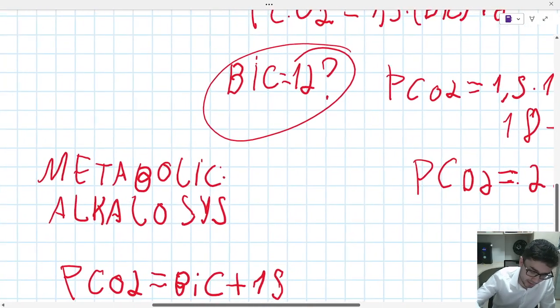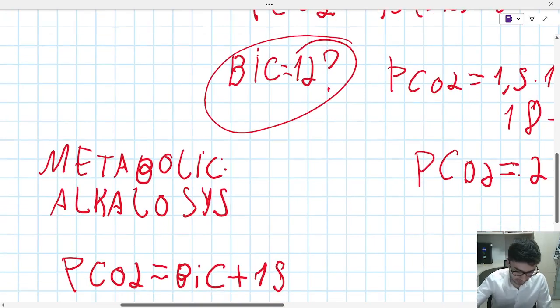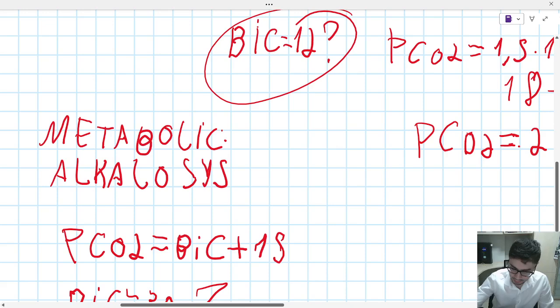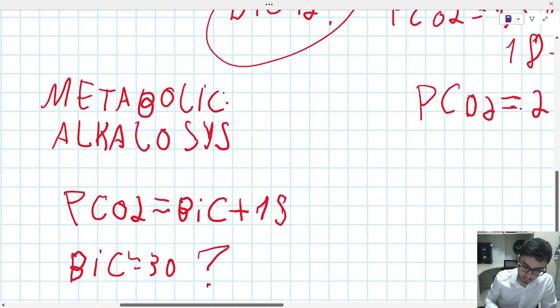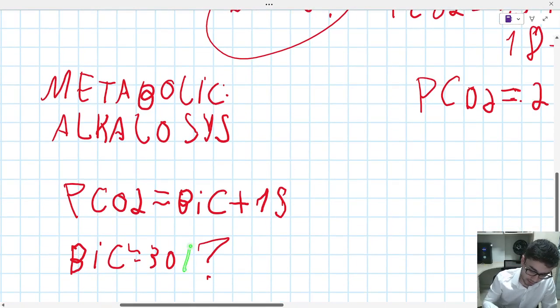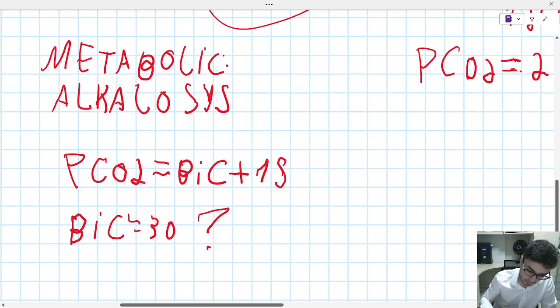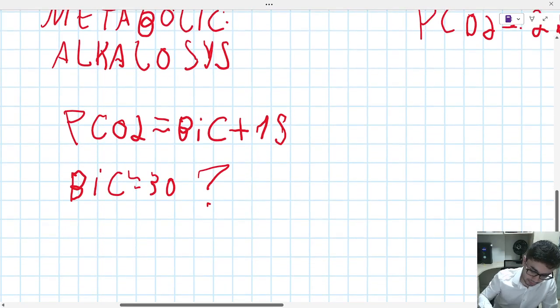What if we have a metabolic alkalosis instead? Again, we have another equation to know the value that the PCO2 will need to hit in order to compensate this high bicarb. Let's make an example.